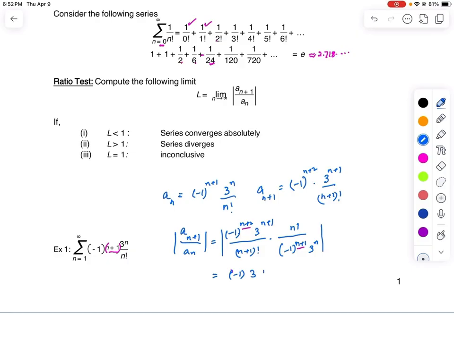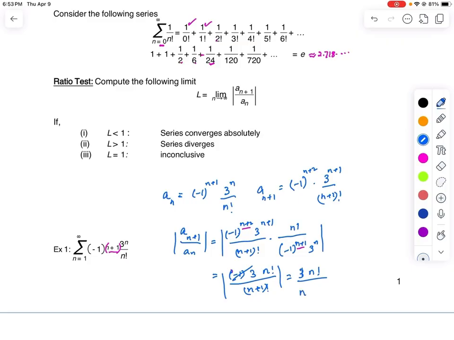So we are left with a 3 here, and then we have n factorial divided by n plus 1 factorial. Now what the absolute value does is get rid of this negative sign. So we have just 3 times n factorial over n plus 1 factorial.